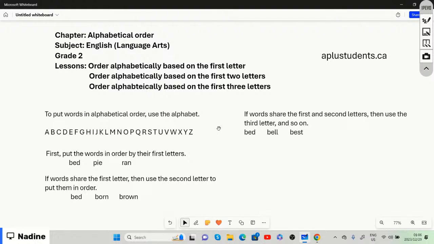We're also going to order alphabetically based on the first 2 letters, and we're going to order alphabetically based on the first 3 letters. So that is going to be our lessons today under the chapter of alphabetical order.